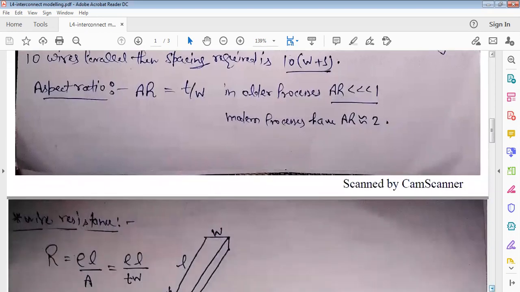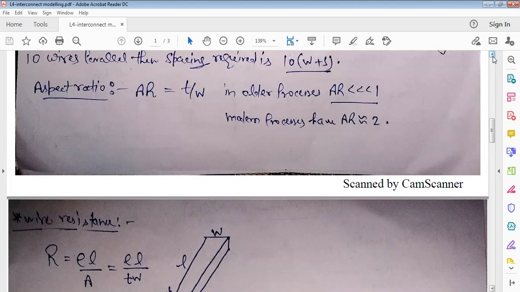Next, as a geometrical consideration, we define a term known as aspect ratio. Aspect ratio is the ratio of the thickness of the wire to the width of the wire, T upon W. In older VLSI processes, this aspect ratio was kept less than 1.